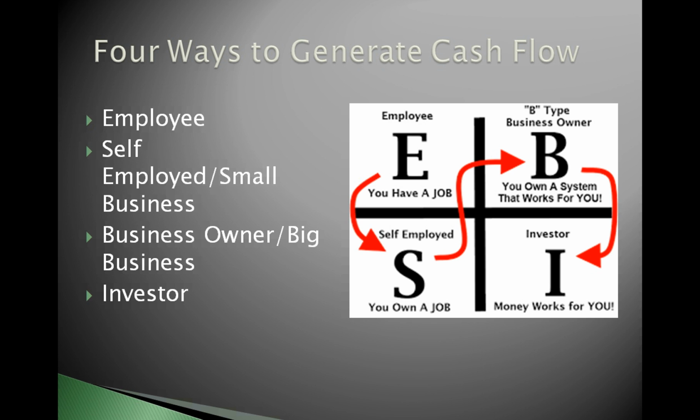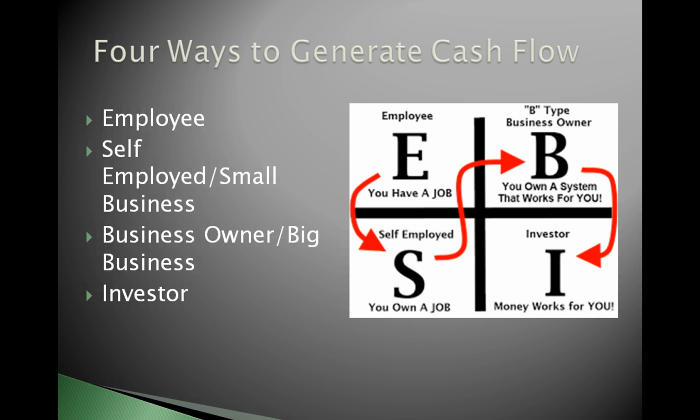Now, a self-employed person could also be someone who has a small business, meaning less than 500 employees and less than an annual revenue of $10 million per year. Now, the main issue with the self-employed is if they were to step away from their business, it would stop, and then they would no longer be able to make money.